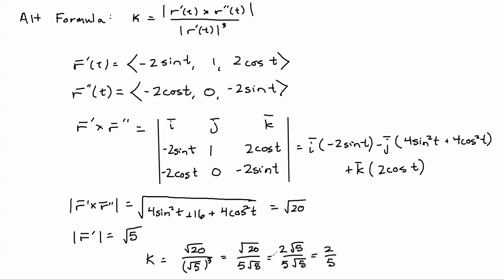Okay, there's one more topic that we're just going to squeeze in here at the end of this video, and that is the unit normal. What is the unit normal?